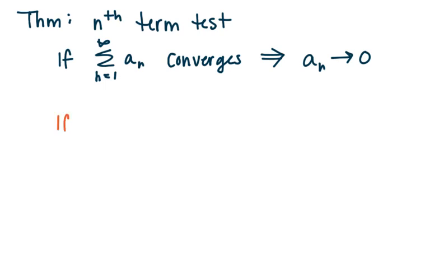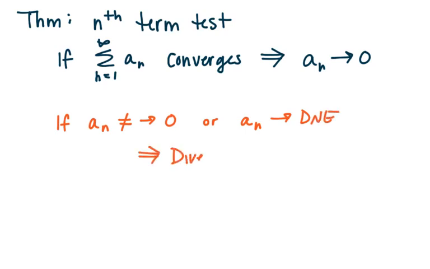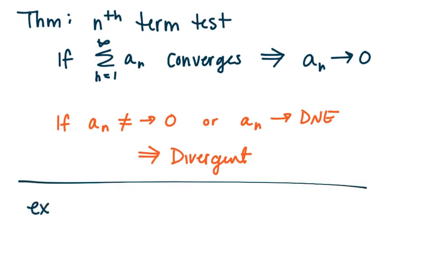So if a sub n does not go to 0, or if the limit of a sub n does not exist, then it would be divergent. This only works if that nth term, my term way far out in the list, is becoming infinitely small. And now an example of the nth term test.